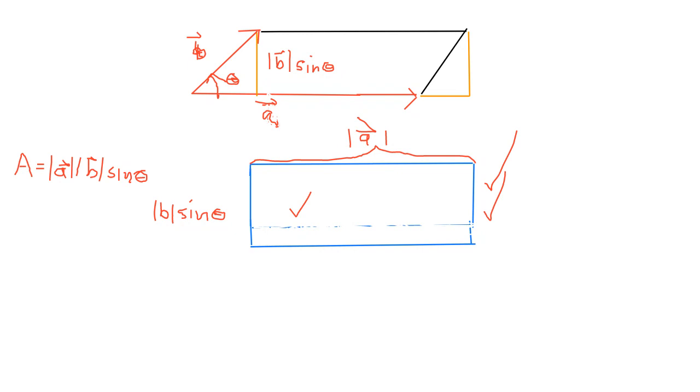And that's why this is the formula for the area of the parallelogram. It's like cutting out this piece of the parallelogram and moving it over here. And then you get a rectangle, and we know how to get the area of the rectangle, so that's equivalent to the area of the parallelogram.